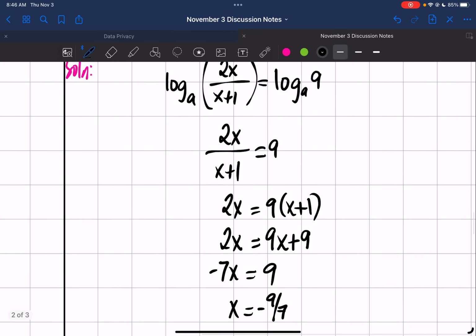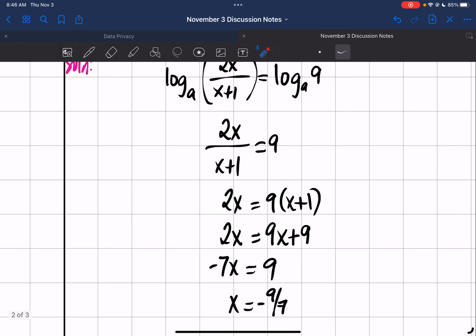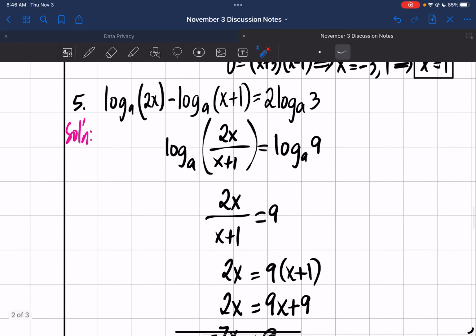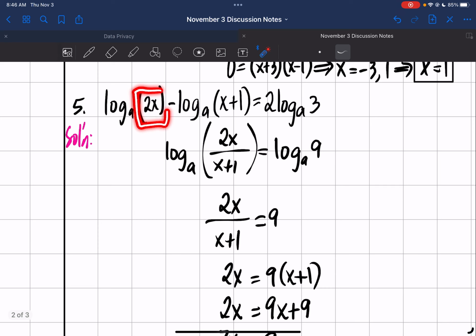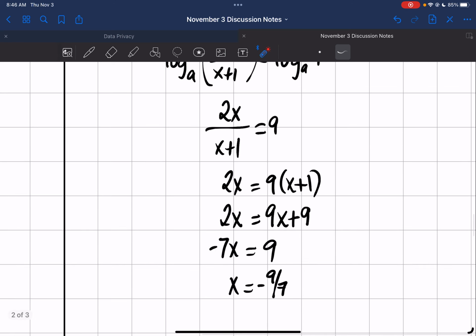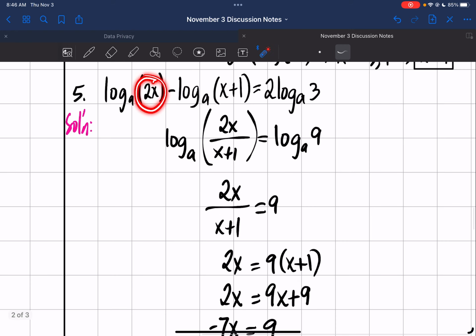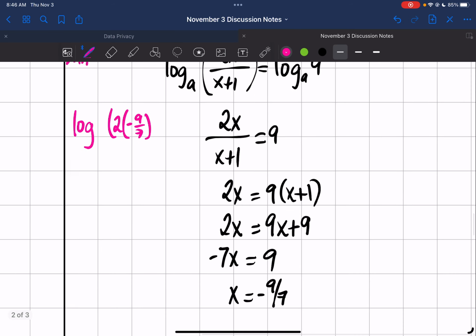However, the problem here, class, is that this one is negative. We have this log of 2x, and if we substitute this one, what we'll get is log of 2 multiplied by negative 9 over 7. Right? So this is equal to log of negative 18 over 7 base a.